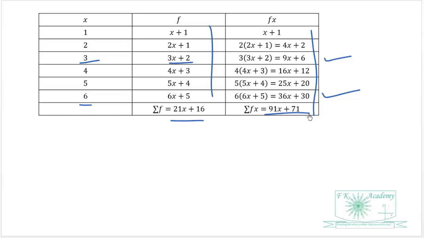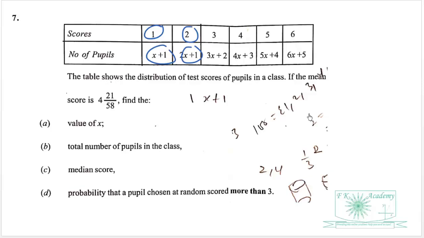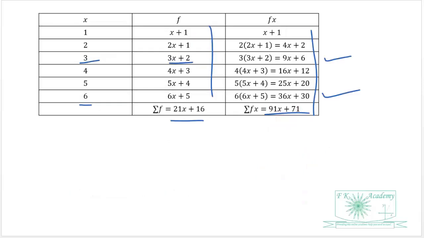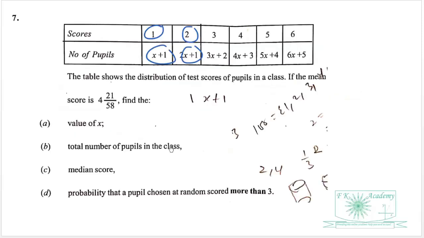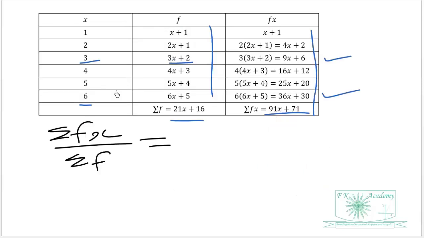So the next thing we do is that we're given the mean to be equal to 4 whole number 21/58. And you recall that the mean is calculated using summation fx over summation f, and that should give us, according to the question, 4 whole number 21/58.